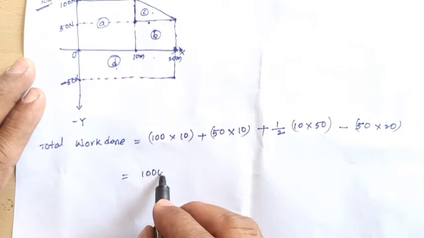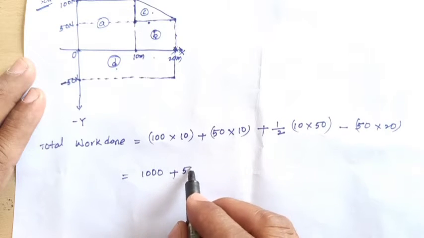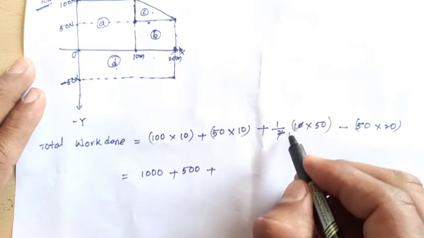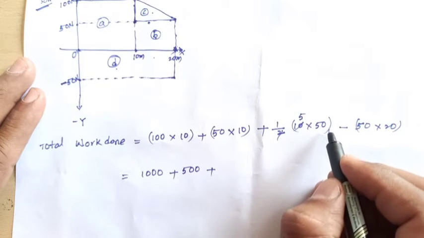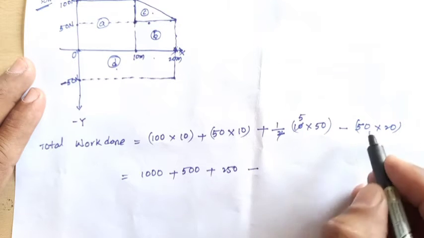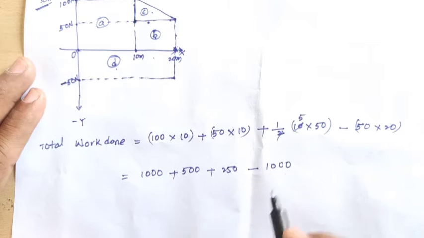So the work done equals 1000 plus 50 into 10, 500, plus half into 10 into 50, which is 5 fives are 25, 250, minus 50 into 20, which is 1000.